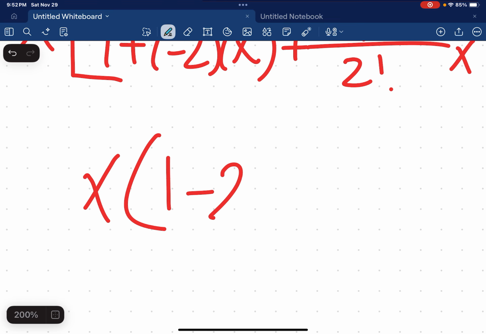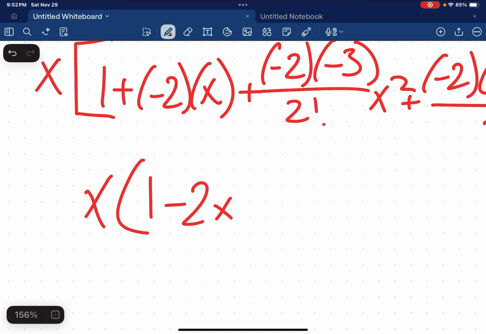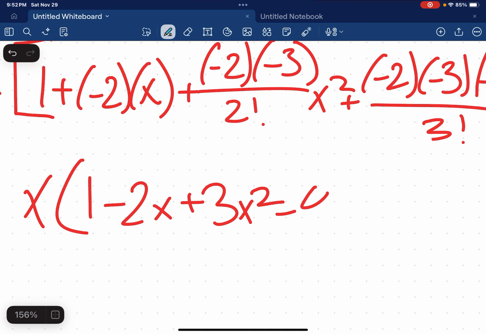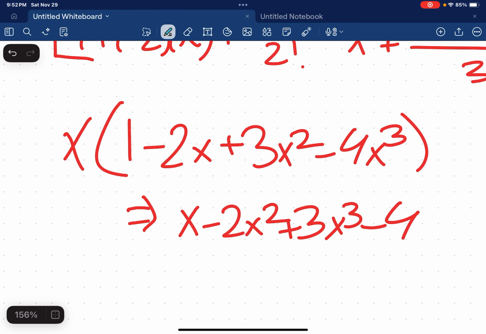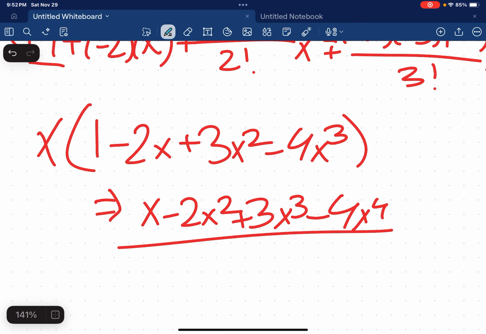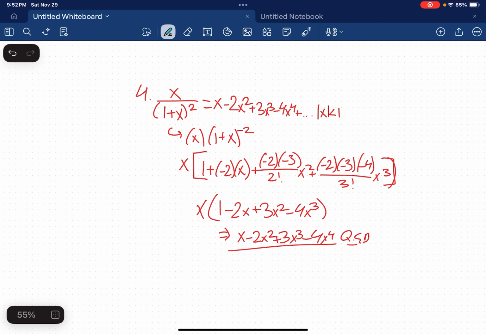Okay, it's going to be 1 minus 2x plus 3x squared minus 4x cubed, which is equal to x minus 2x squared plus 3x cubed minus 4x to the fourth, Q.E.D., dot dot dot, and look at that, match. Perfect.